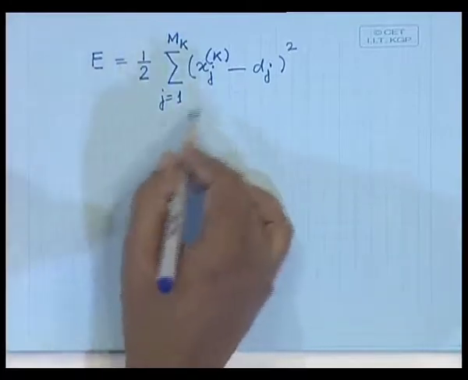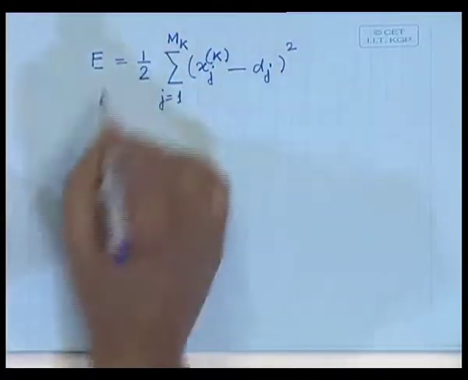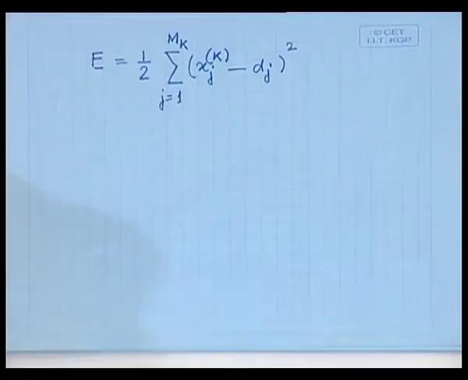And we have seen that for adjusting the weight vectors, we follow the gradient descent approach, and we have to take the derivative of this with respect to w i j k. Using that derivative, we adjust the weight vector following the gradient descent approach.